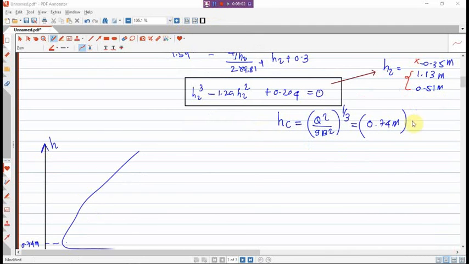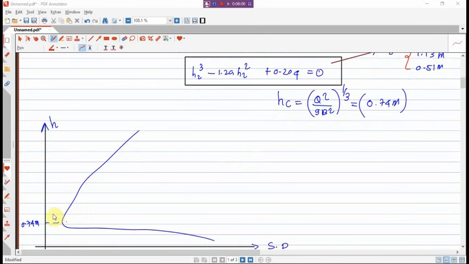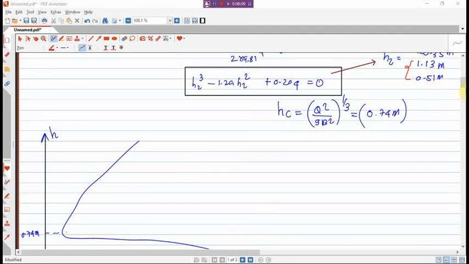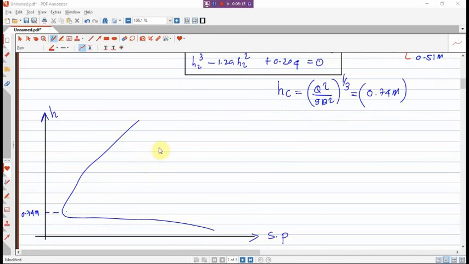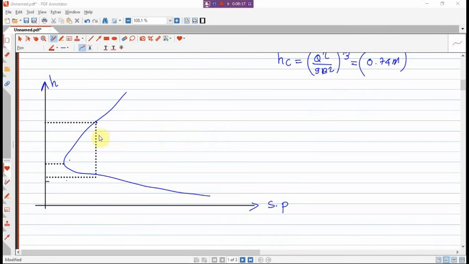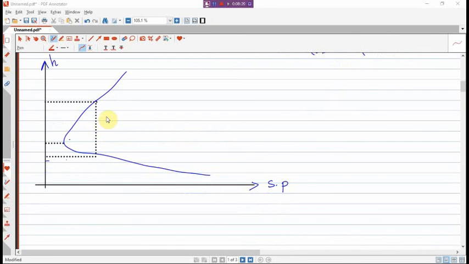Okay, so in this graph we are going to mark those values. The 1.13 is over the critical depth, then 0.51 is below the critical depth. So for a certain specific energy, this should be E2, we will get two values for h2.